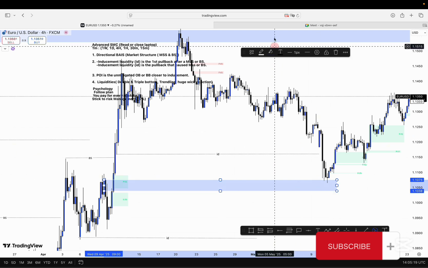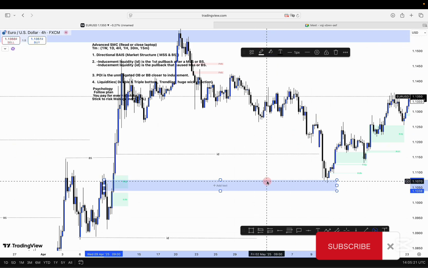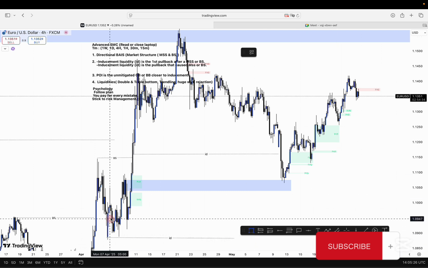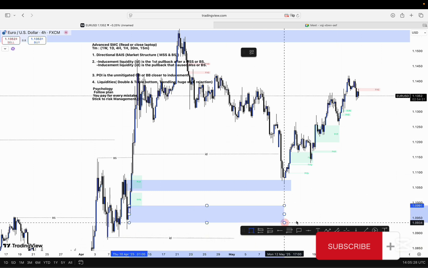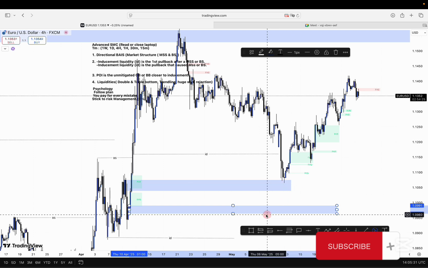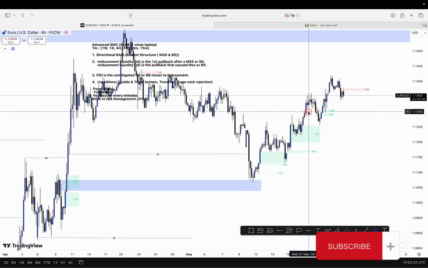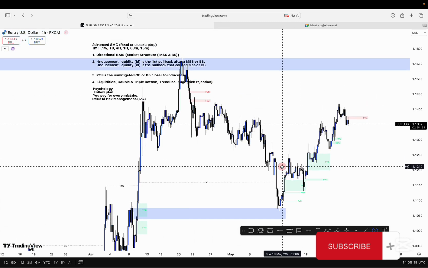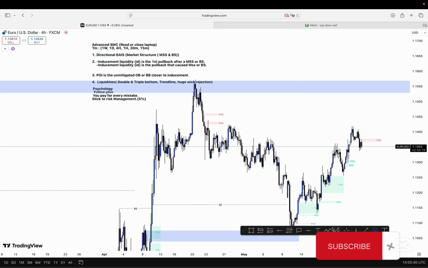Have you seen it? Yeah. Instead of coming back to take the other block, it used that breaker block. Breaker blocks are for continuation. Exactly.